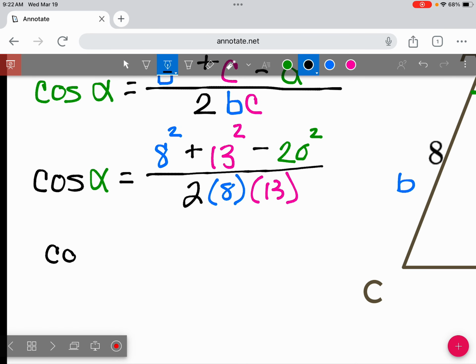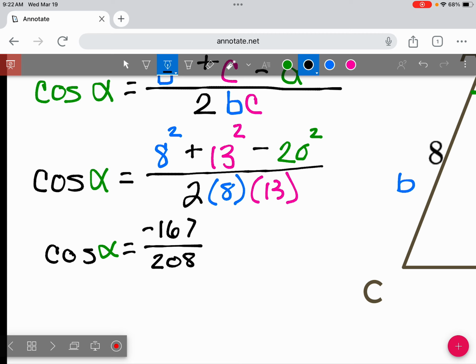So if we do this piece by piece, if you take your numerator and your denominator separately, we should get minus 167 over 208. 2 times 8 times 13 is 208.